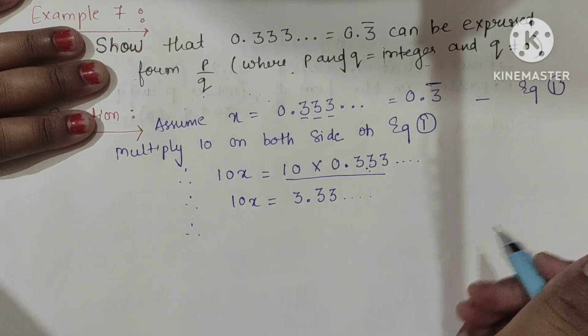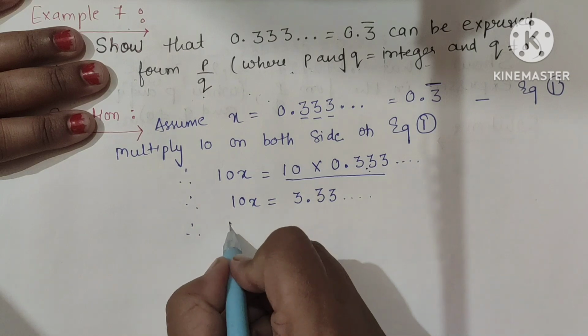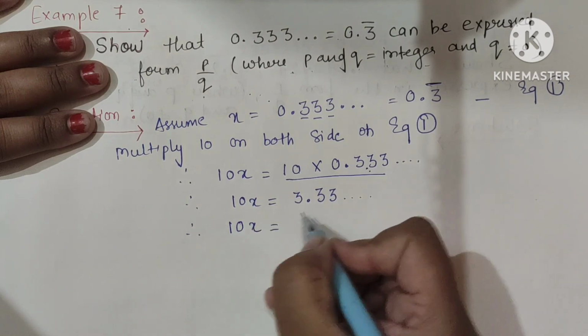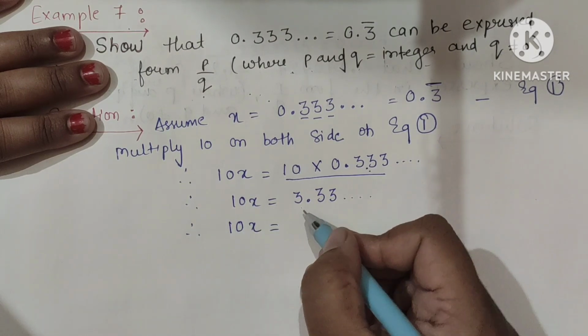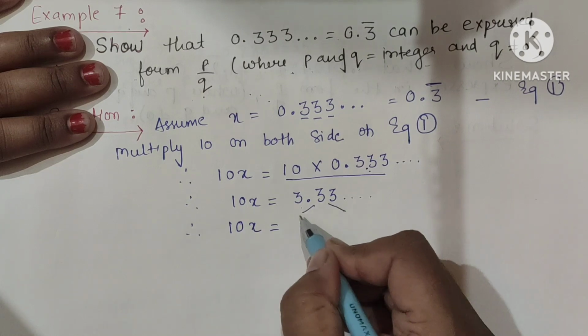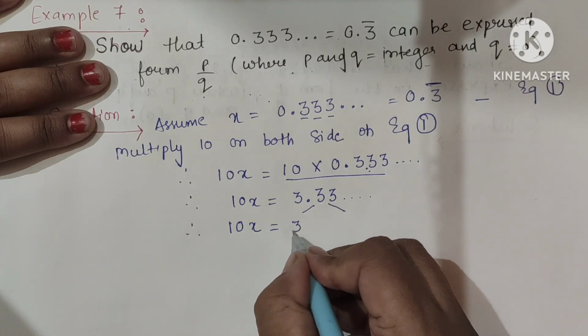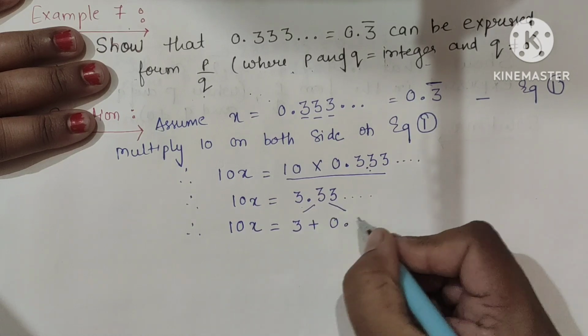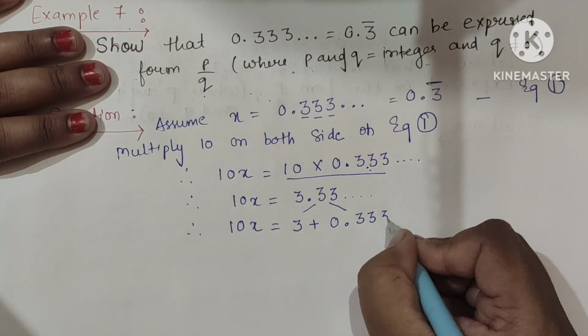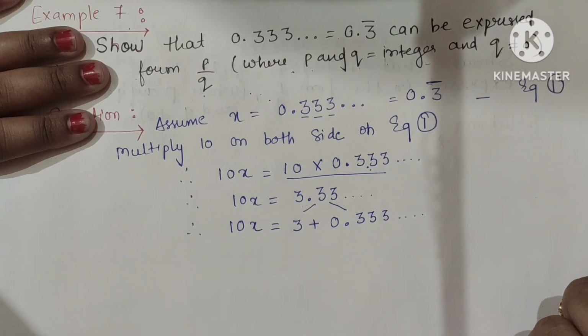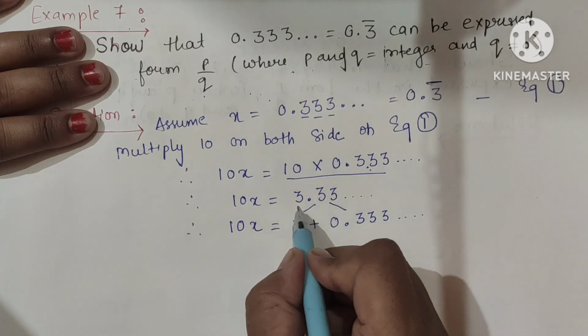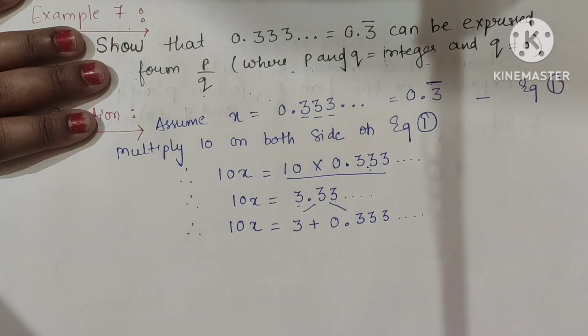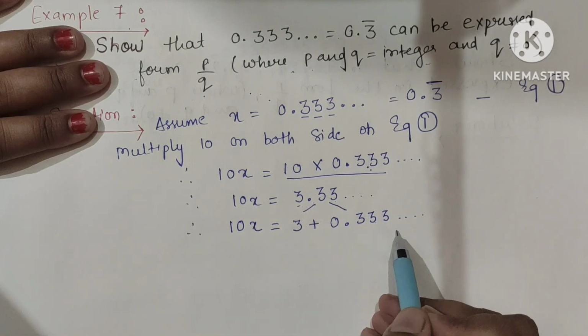Now what you can do? Now you have to split this. What is 3 plus 0.333? It will be 3.33. Why do you have to split this particular thing?